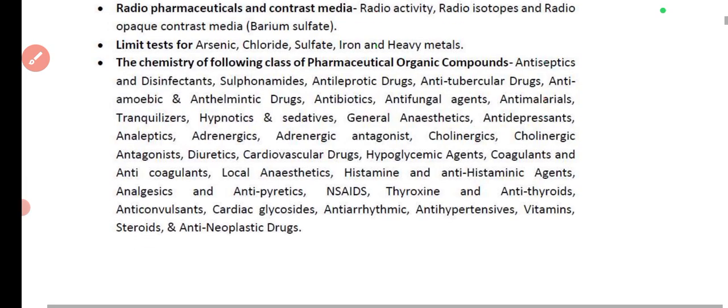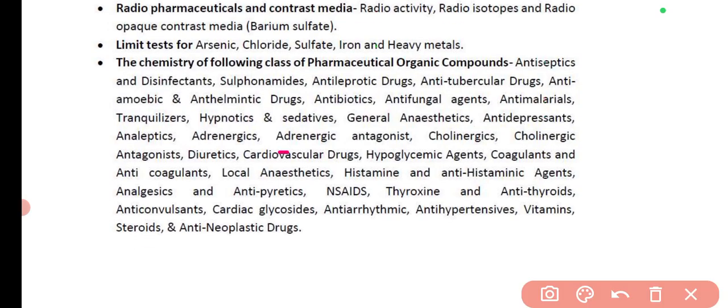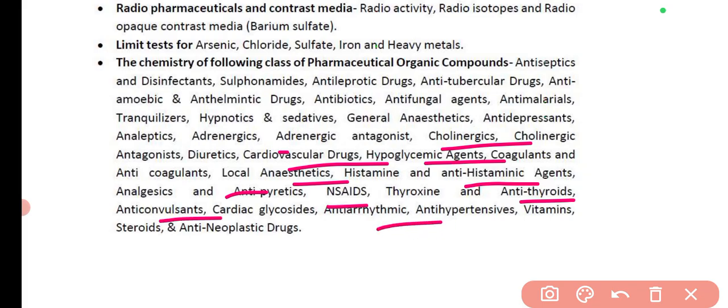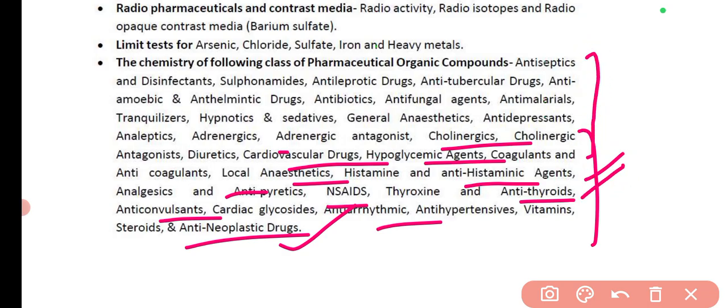A few topics remain, for example adrenergic agonists, cholinergic, diuretics, hypoglycemic, coagulants, anesthetic, histaminics, pyretics, NSAIDs, antithyroids, anticonvulsants, antiarrhythmic, hypertensive, steroids, antineoplastic. These few topics will be covered here. Mostly the important drugs with their IUPAC names, those types of questions will be available, and a few additional questions will be available for these other topics as well.